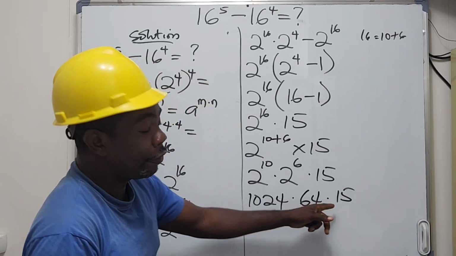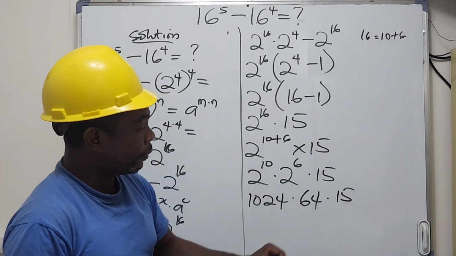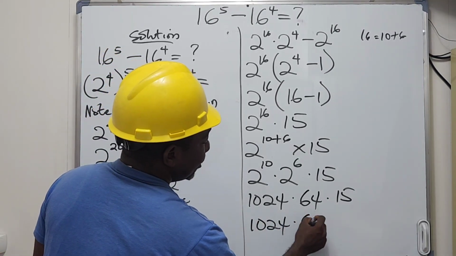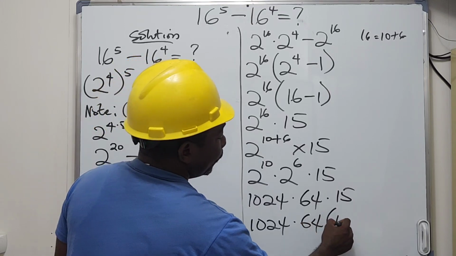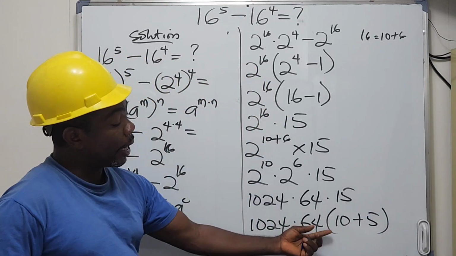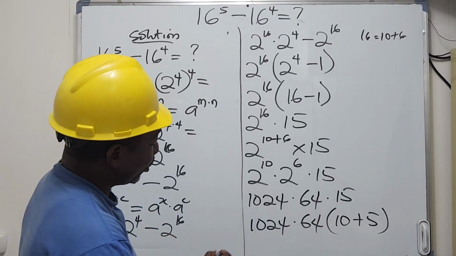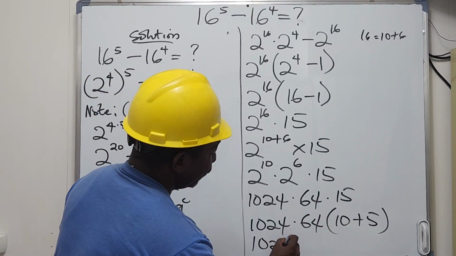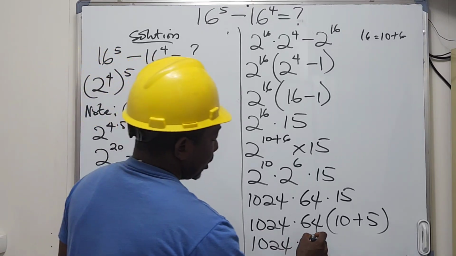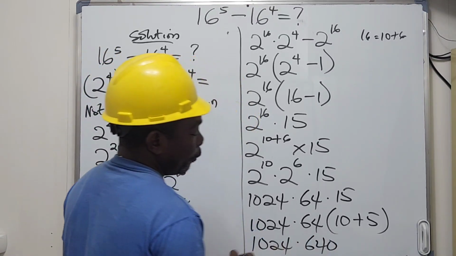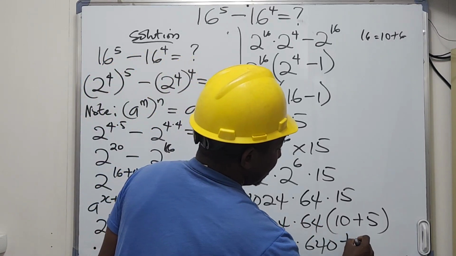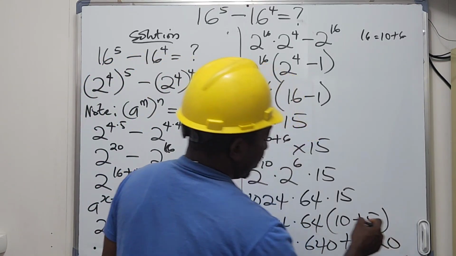So as we said before, 15 can be written as 10 plus 5. So this will become 1024 times 64 into 10 plus 5. So we can multiply out this parenthesis. So this will become 1024 times, 64 times 10 will give us 640. Then 64 times 5 will give us 320.